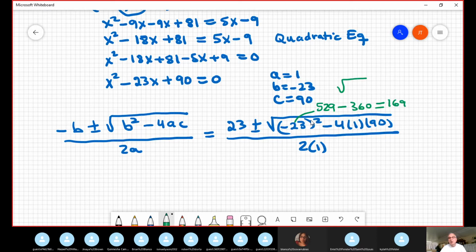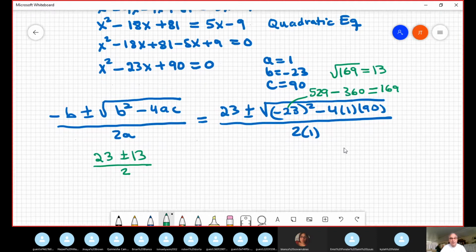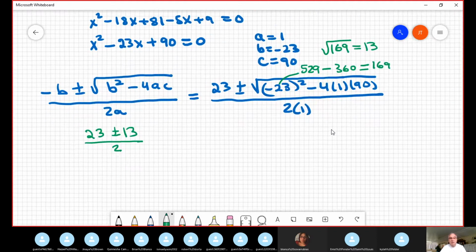And the square root of 169 is 13. Okay, so basically we have 23 plus or minus 13, divided by 2. This is the thing we try. It's separated into two parts: 23 plus 13 divided by 2, and 23 minus 13 divided by 2.